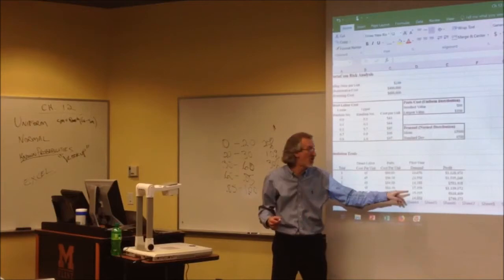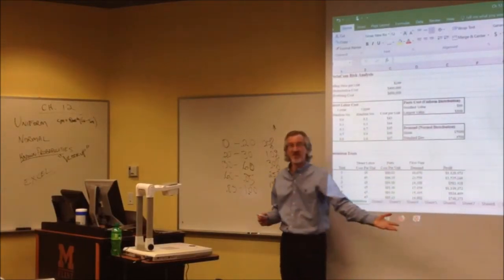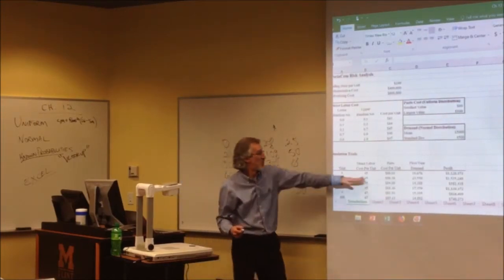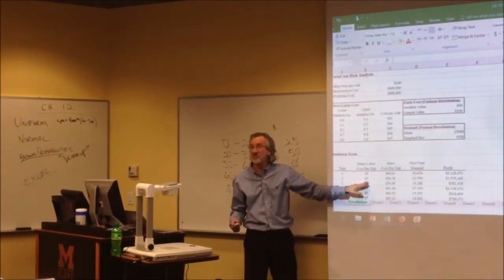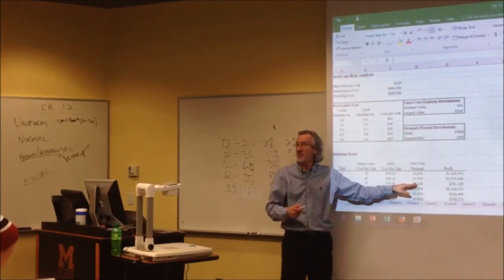That would be a perfect storm, which will probably end up with the largest loss out of all these trials. And then there's the perfect situation. One of these simulations will have your labor cost as low as possible, your cost for parts as low as possible, and your demand is way up there.